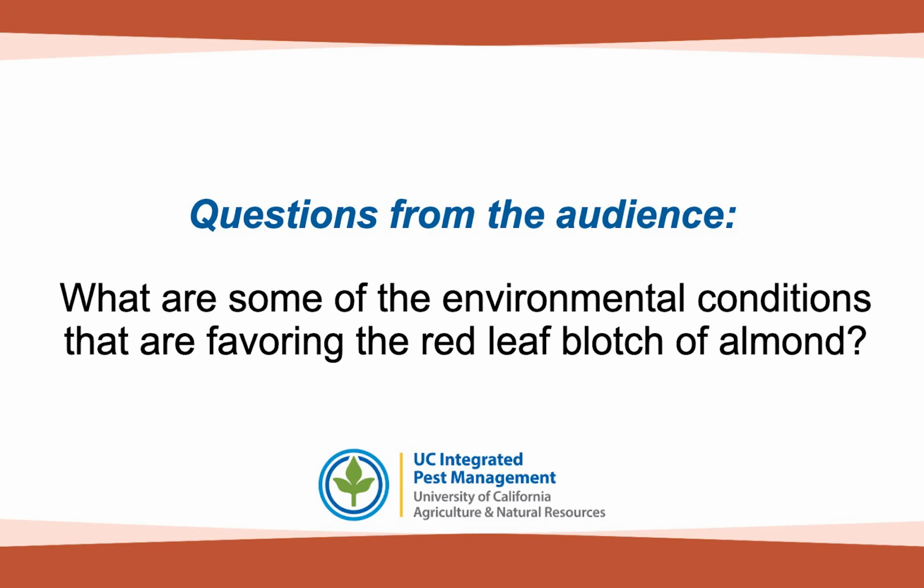Could you summarize quickly the environmental conditions that are favoring the red leaf blotch? Yeah, so basically what it takes for red leaf blotch is rain. The effect of temperature doesn't seem to be a limiting factor. We know that for specific diseases, a cold winter or a cold spring may favor more Botrytis jacket rot than it will favor Monilinia.